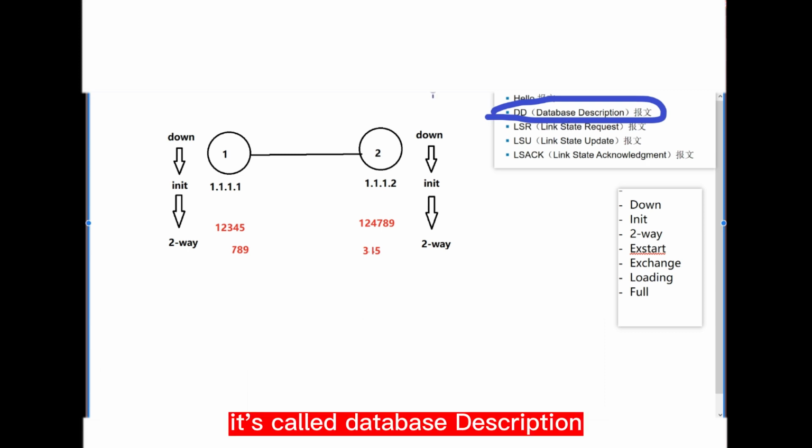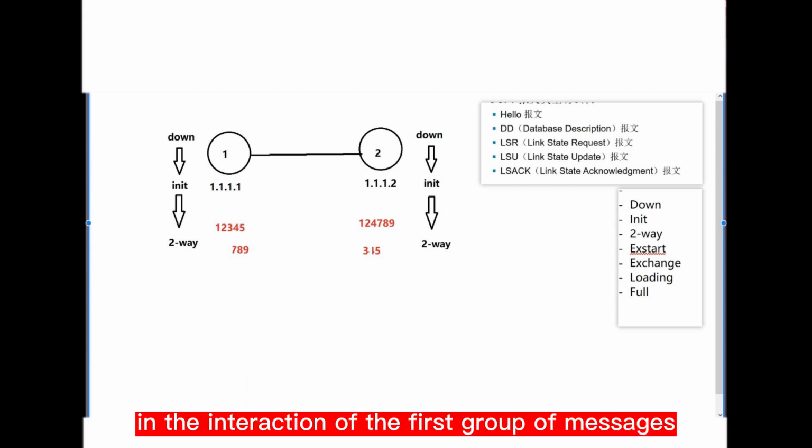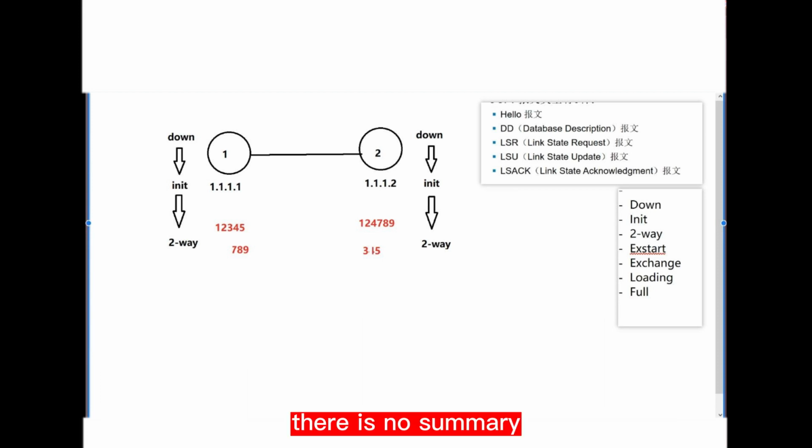It's called database description. You can also understand that this is a summary of the database. Before the DD message exchange, it will actually first exchange a set of empty DD packets. We call it empty DD. In the interaction of the first group of messages, there is no summary.